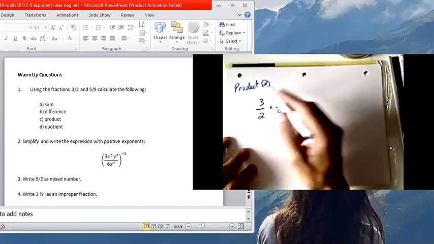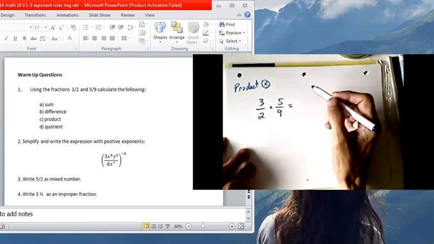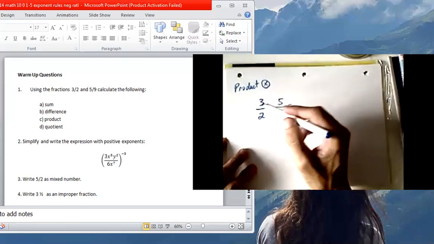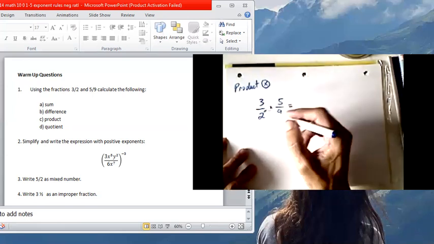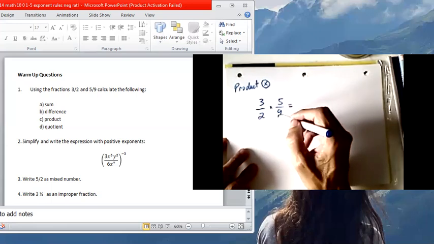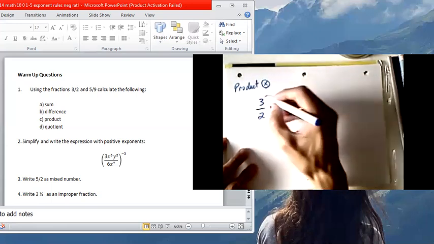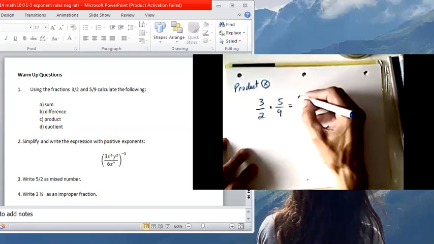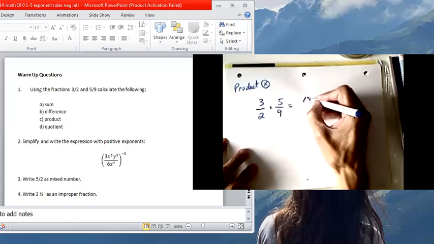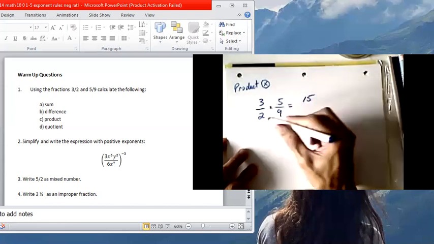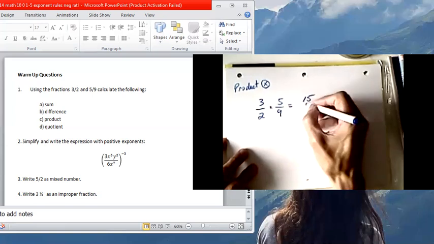So with multiplying, as I was saying in the earlier question, you go top times the top, bottom times the bottom. And so now when you do that, watch what you get. Top times the top is 15. And the bottom times the bottom is 18.